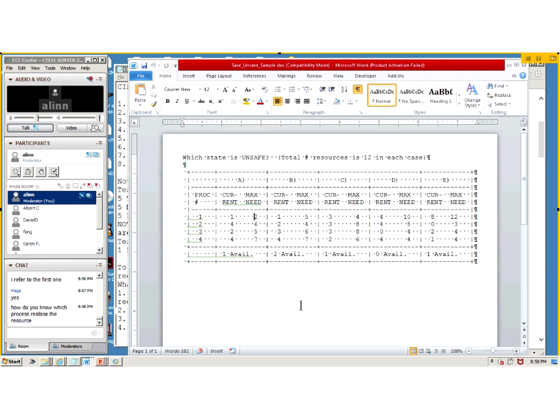Did that answer your question? Well, you're making assumptions, Mega. You're making the assumption, because we don't know whether it is increasing the number of required resources or decreasing, or deallocating the resource.